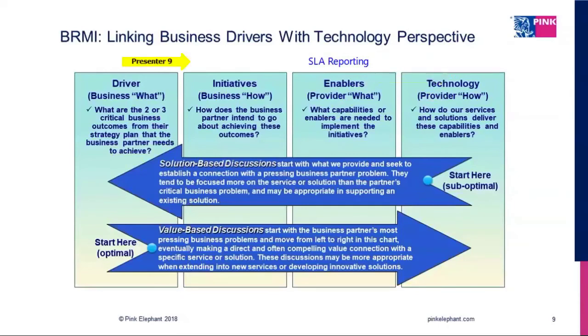And then when we get over to the business how piece, we could be focused on business process reporting. And then we could also link it up here and have strategy outcomes reporting. So we could use the links of service to business process to business strategy and outcomes to have value harvesting.